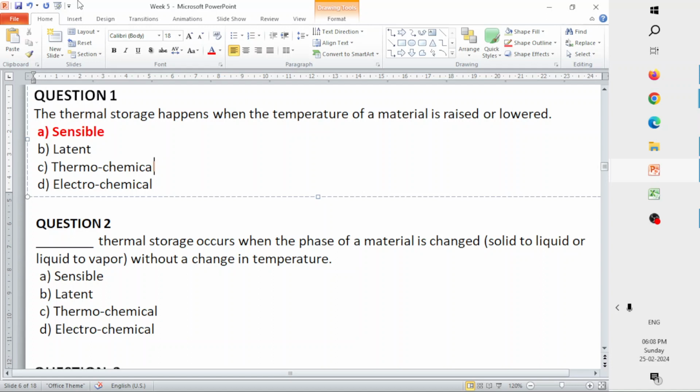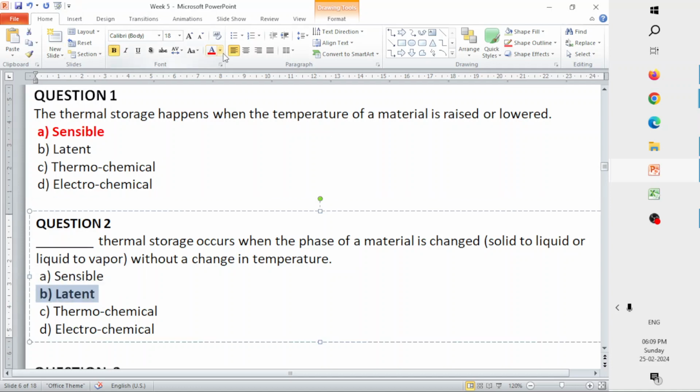This energy involved is called latent heat of vaporization, and this type of thermal energy storage system which uses the latent heat of either fusion or vaporization or sublimation, that is directly from solid to gas, is called latent thermal energy storage system.